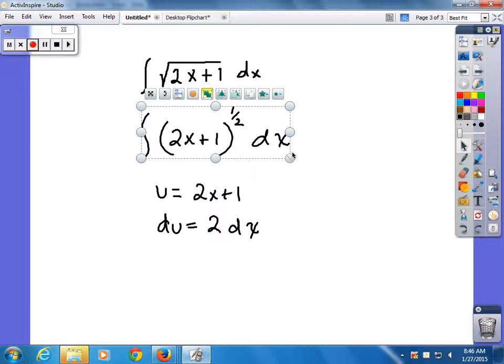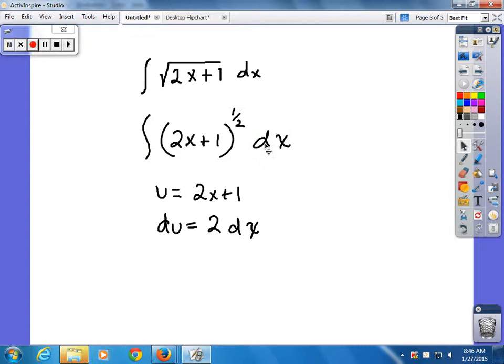I have to erase it. So we're going to have to move this over. And always dot it in.